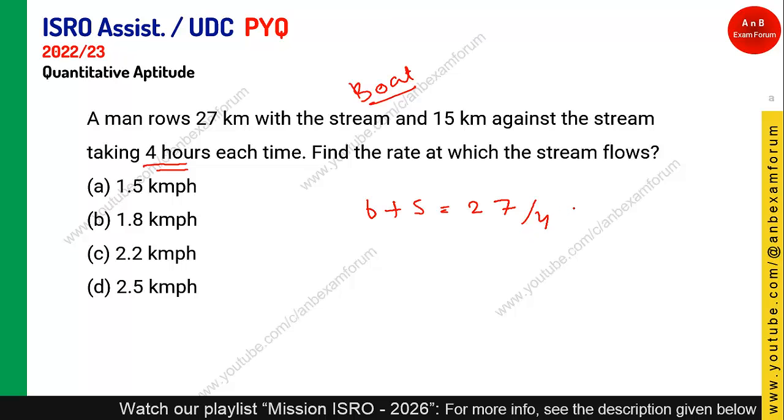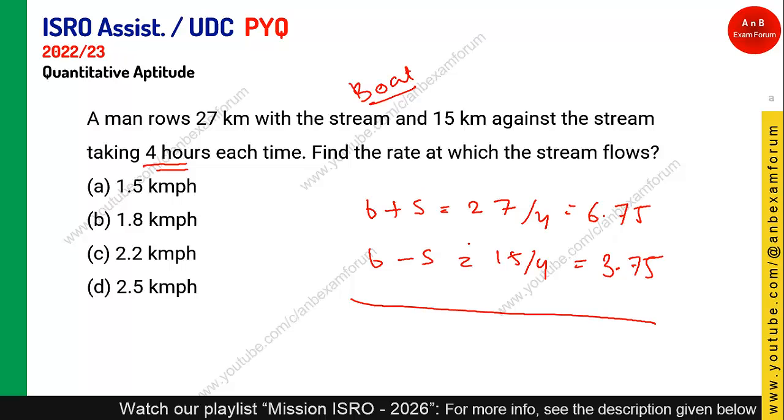So it becomes 6.75. Similarly, for the upstream it is B minus S. It becomes 15 divided by 4, which becomes 3.75. And you need to find out the rate. There are two equations, so you just need to subtract.